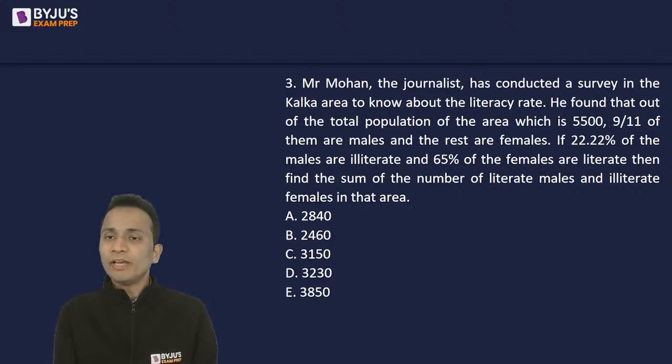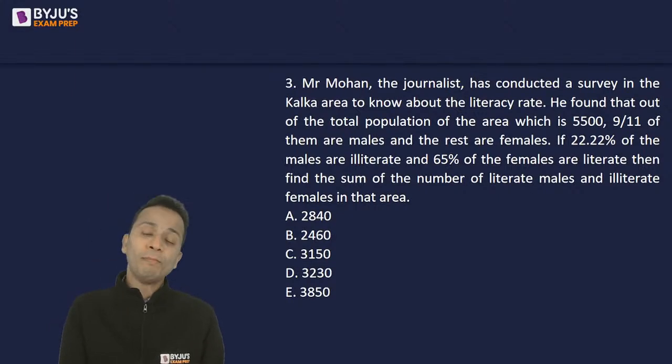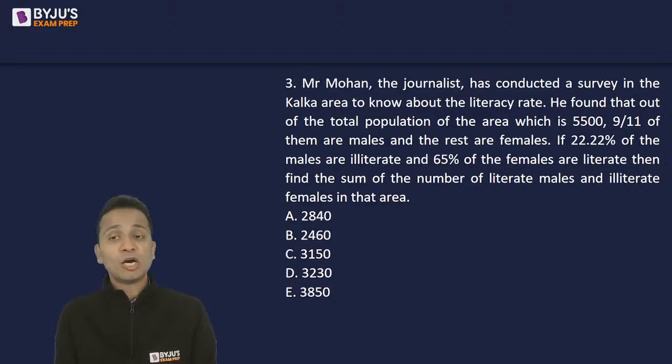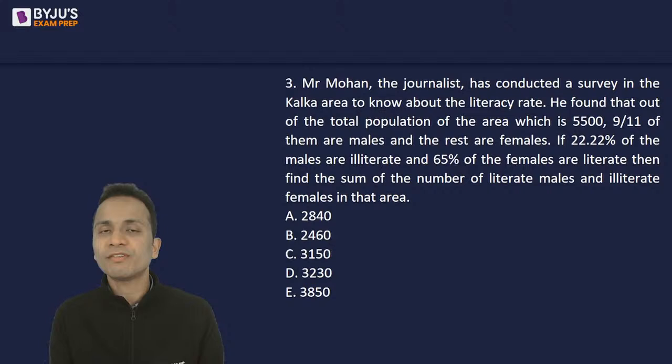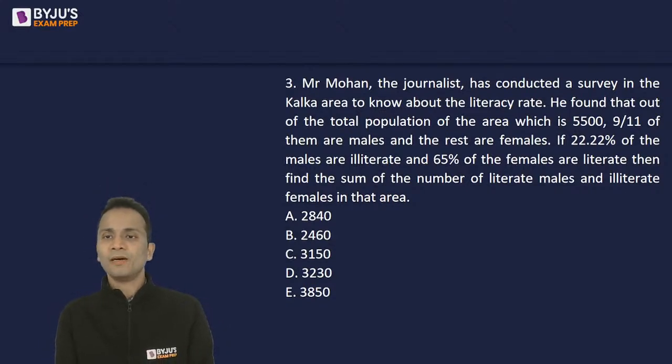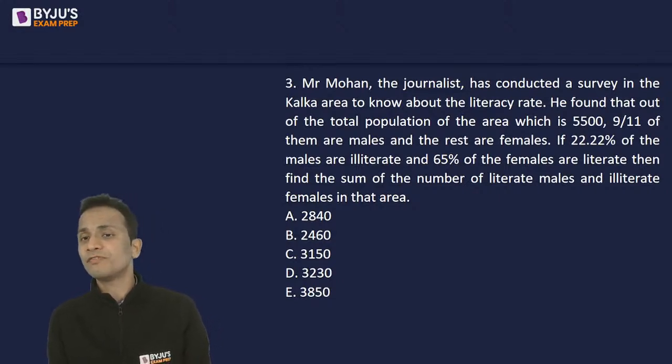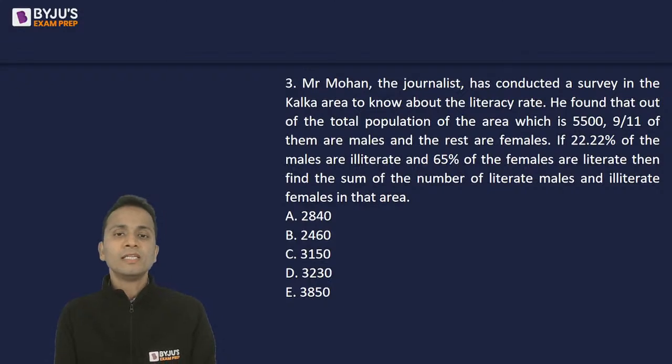Now, if 22.22 percentage of males are illiterate, once again, these percentages must be converted into their fractional equivalents. So if 22.22 percentage of the males are illiterate and 65 percentage of the females are literate, then find the sum of the number of literate males and illiterate females in that area.